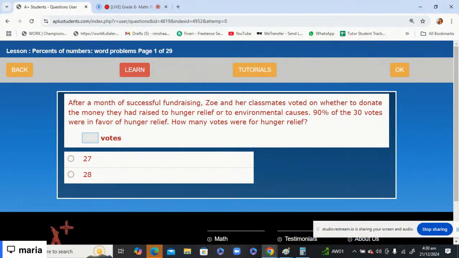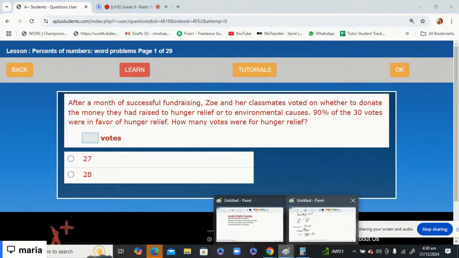So how many votes were for hunger relief? 90% of the 30 votes. So how can we find 90% of 30? Let's check it out.